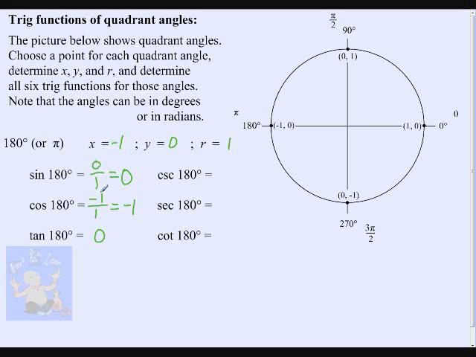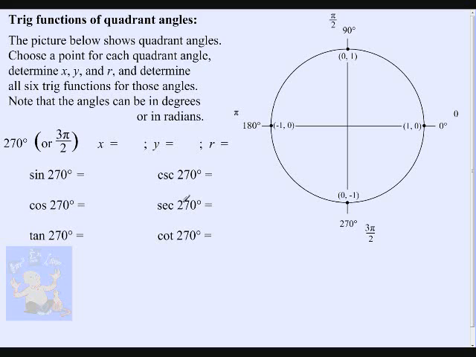Now we're going to do the reciprocal, and what do we notice here? Can't take the reciprocal of this. And this has got to be undefined. And what about this one? Can we take the reciprocal of negative 1? We sure can. It's negative 1. Can we take the reciprocal of 0? We cannot. It's undefined.